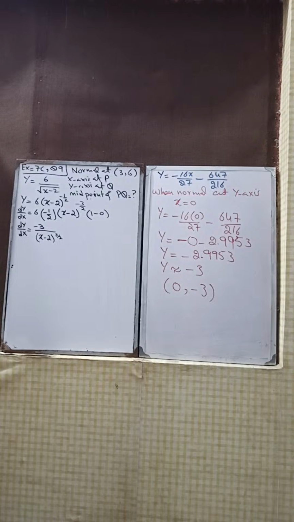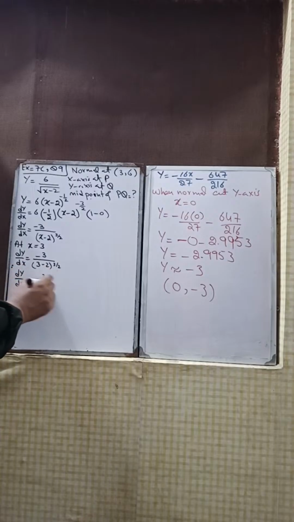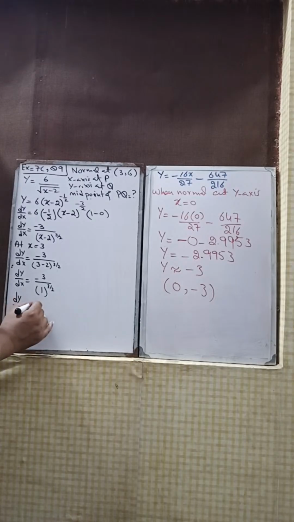At x equals 3, dy by dx will become minus 3 divided by (3 minus 2) raised to power 3 by 2, which is minus 3 divided by 1 raised to power 3 by 2. Any power of 1 is 1. So dy by dx is minus 3.